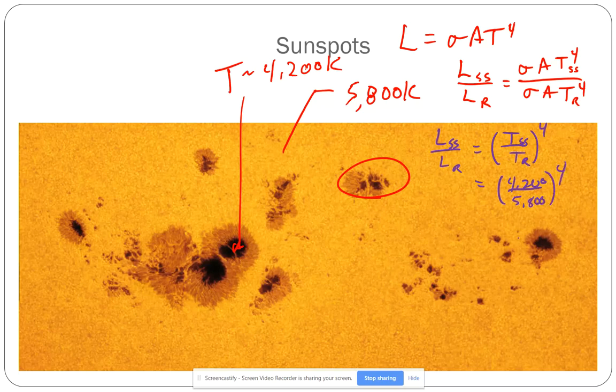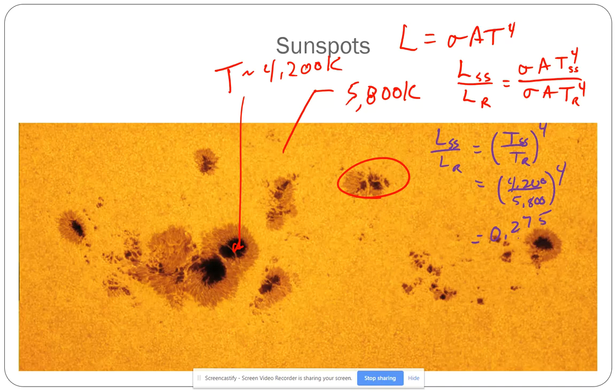You put that in the calculator, and it comes out to be a surprising number, and it's 27%. 0.275 if you want to go. So you have only 27.5% as much light coming from here as you have from here. And that's why this looks dark, because it's about 1/4 as much light coming from it.